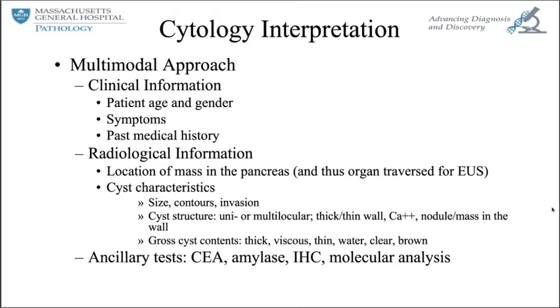CEA and amylase, the biochemical parameters of that cyst fluid, are really pivotal in helping us to make a diagnosis instead of a non-diagnostic report. Is there enough to make a cell block for immunohistochemical stains? And can we send some of that cyst fluid for molecular testing to add to our diagnosis? Even if it may not be available at the time of your diagnosis, it can certainly add to the clinical impression of that cyst when it's available.